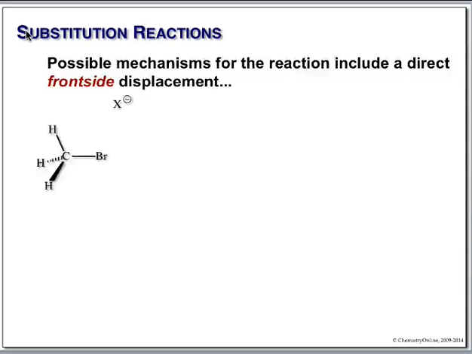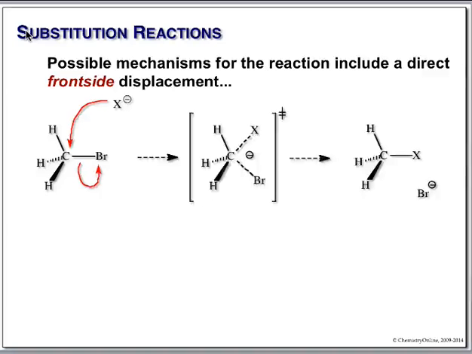There are 2 basic mechanisms that you can write for a displacement reaction or a substitution. One would involve front-side attack. In a front-side attack, our nucleophile would attack the electrophilic carbon. The leaving group would leave. This is what our transition state would look like, and we wind up with this product.